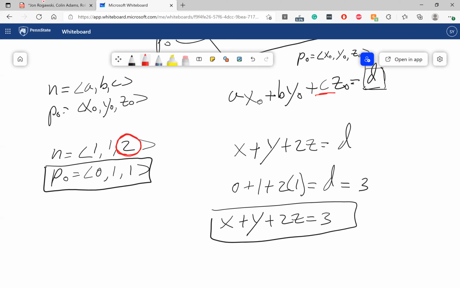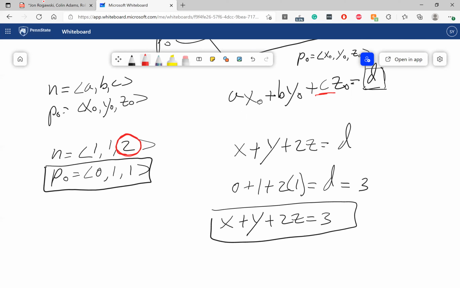So like what exactly does D represent? Give me a second.